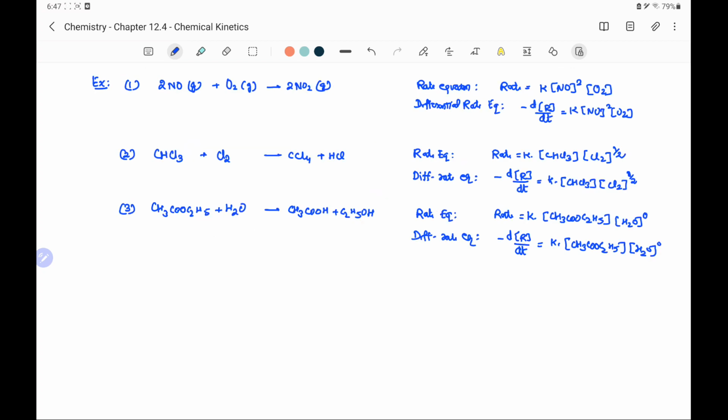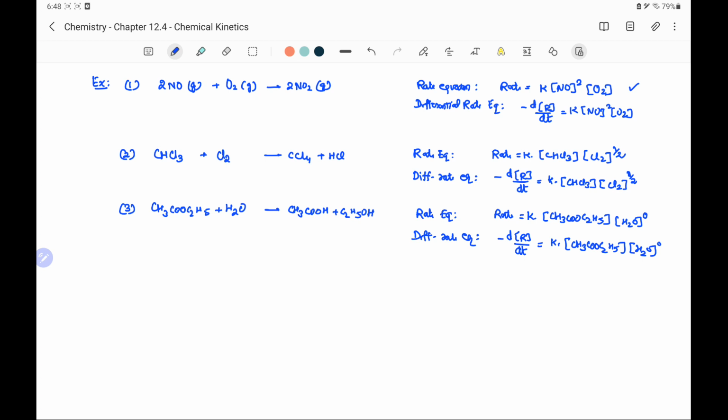Here are some examples. First example is 2NO plus O2 gives 2NO2. If we write the rate equation, then rate is equal to k, this is the rate constant, multiplied by concentration of NO raised to power 2 and the concentration of O2. Here the powers of NO and O2 are the same as the stoichiometric coefficients, but this is not true in general.